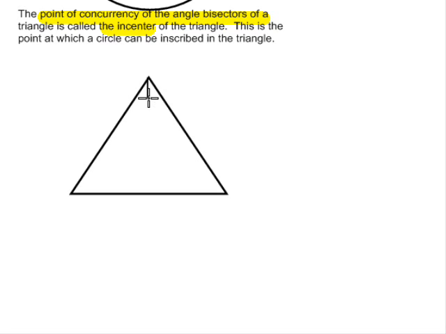And if I draw a line and I bisect that angle there, that means this angle is congruent to this angle, and we draw this angle bisector to where this angle is congruent to this angle, and the same for the third.